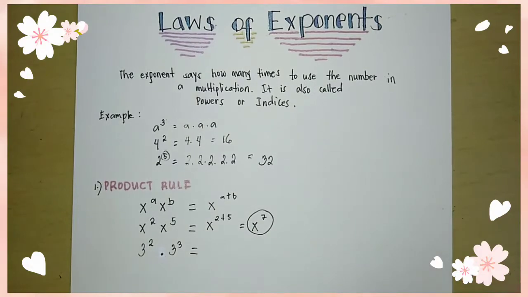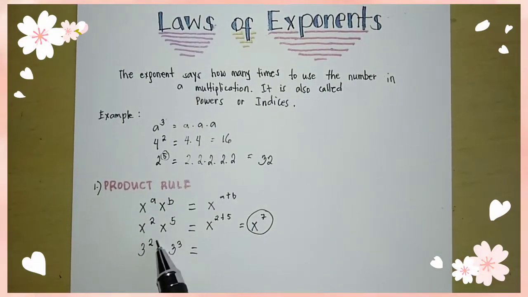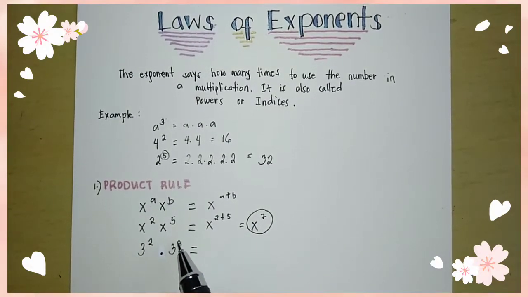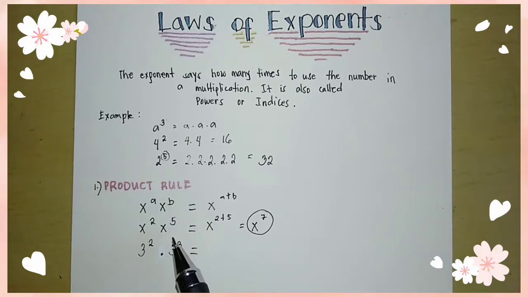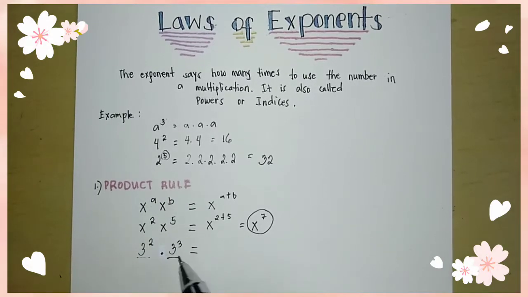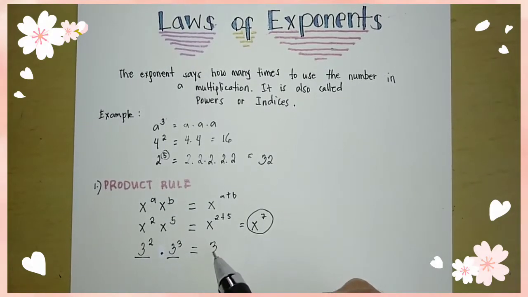Okay? So, for the third example, we have 3 squared times 3 raised to 3 or 3 raised to 2 times 3 raised to 3. What we are going to do is, syempre, susundin natin yung pinaka-rule, okay? Of course, dahil sila ay parehas na 3 or parehas ang kanilang base, meaning to say, kokopyahin lang natin si 3. And then, ano ba ang rule?